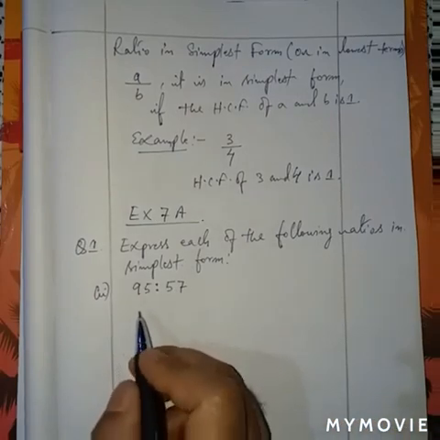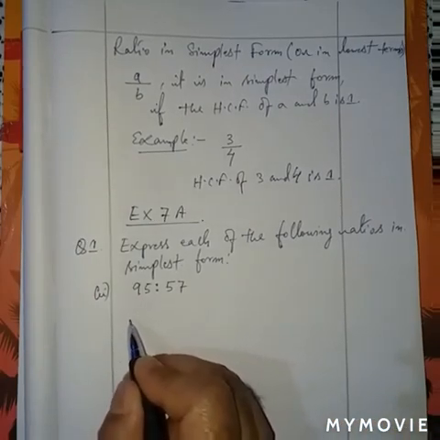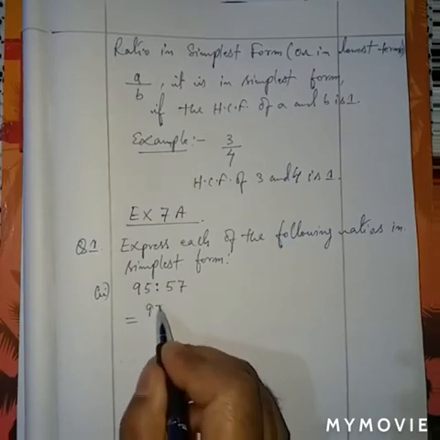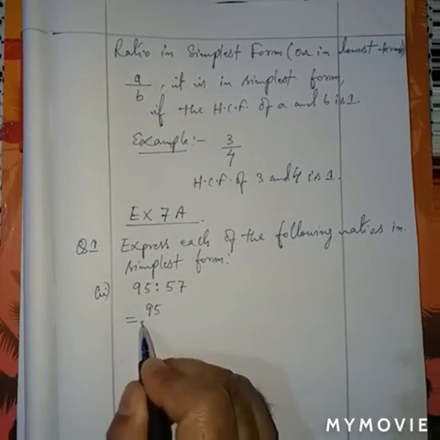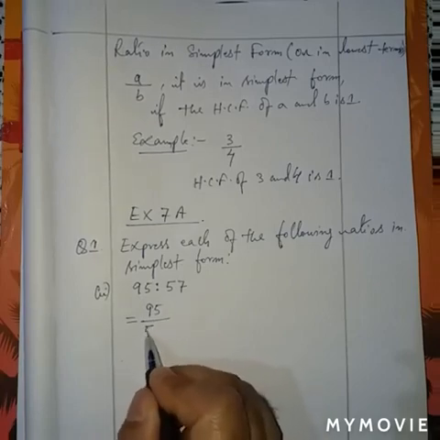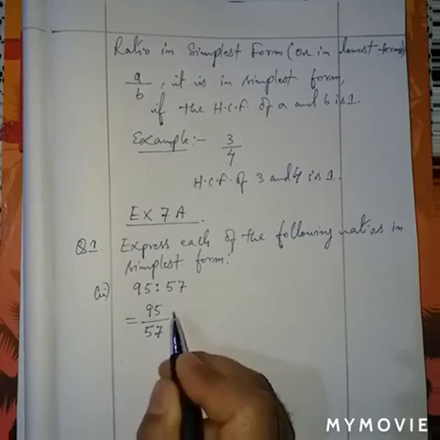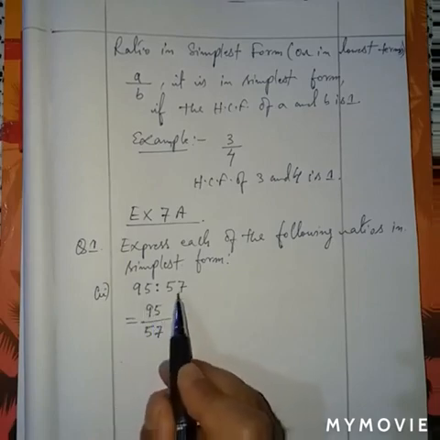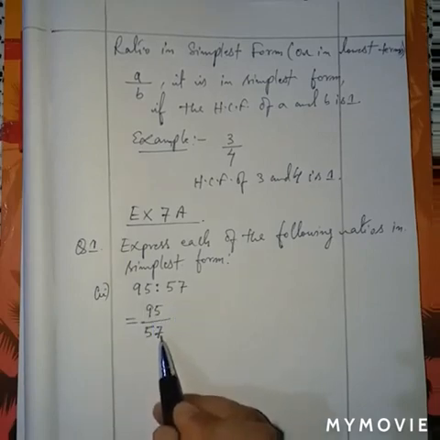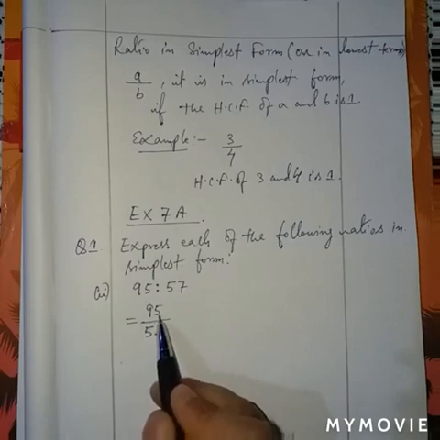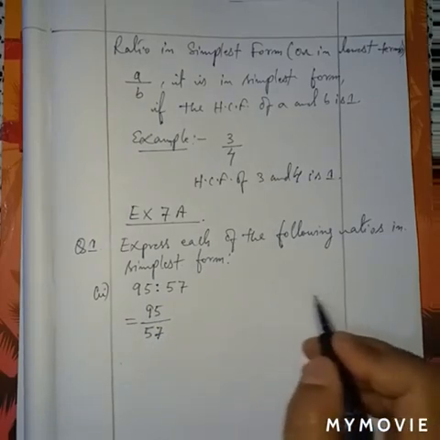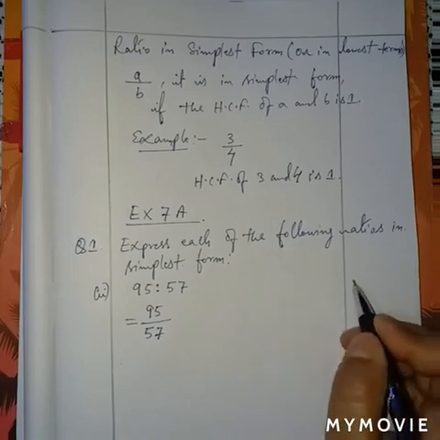First we will write this as a fraction. In place of ratio form, we will write it as a fraction, 95 by 57. The first term will be in the numerator and the second term in the denominator. Now we have to find the HCF of these two. You can find the HCF by the ROF method.